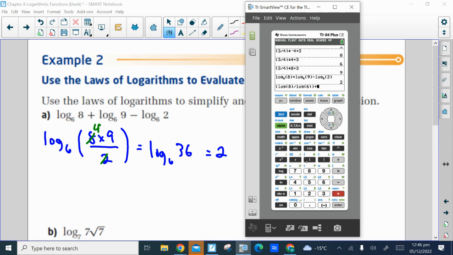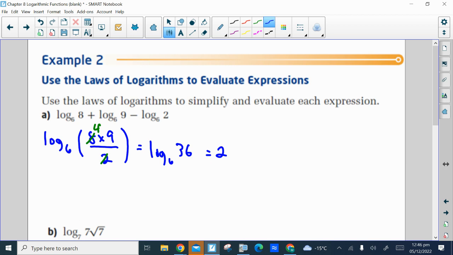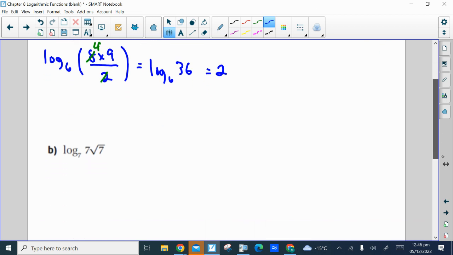Plus log base 6 of 9, using the change of base identity, would be log of 9, close the bracket on the log of 9, divided by log of 6, close the bracket on the log of 6 and on that term, minus log base 6 of 2 would be log of 2 divided by log of 6. Close the bracket on the log of 6 and on that term. You get the same answer. So if you don't have the newer operating system with the log function, use the change of base identity to check.